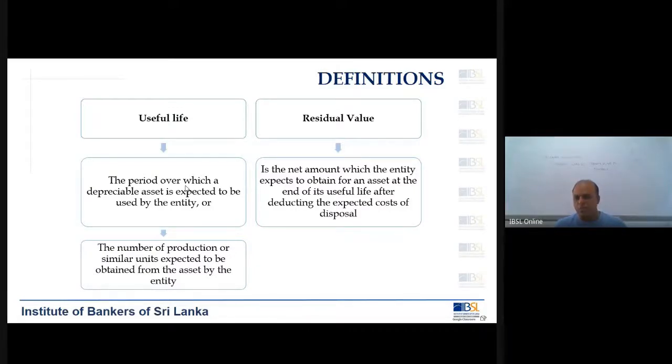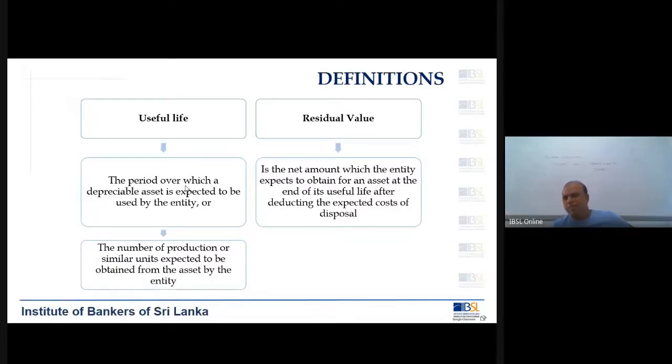That 10,000 rupees is considered to be the residual value. But this residual value has to be estimated on day one. That is, if you are purchasing the asset today, you have to estimate that after this number of years, I will sell this asset and get this amount.